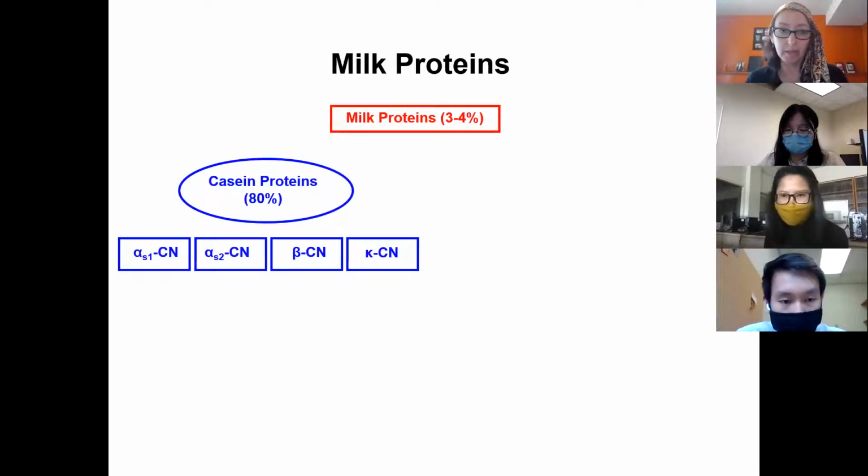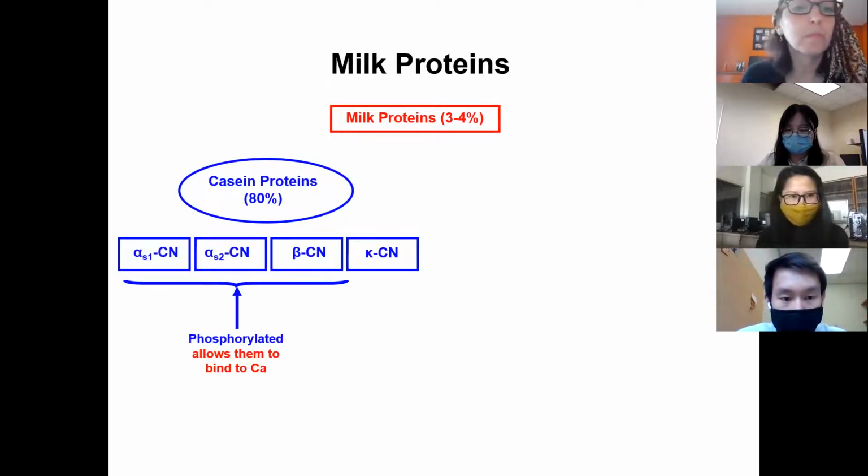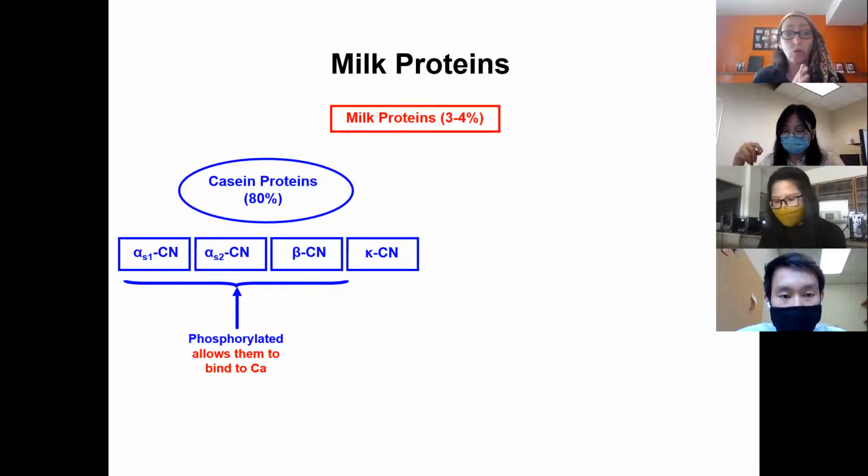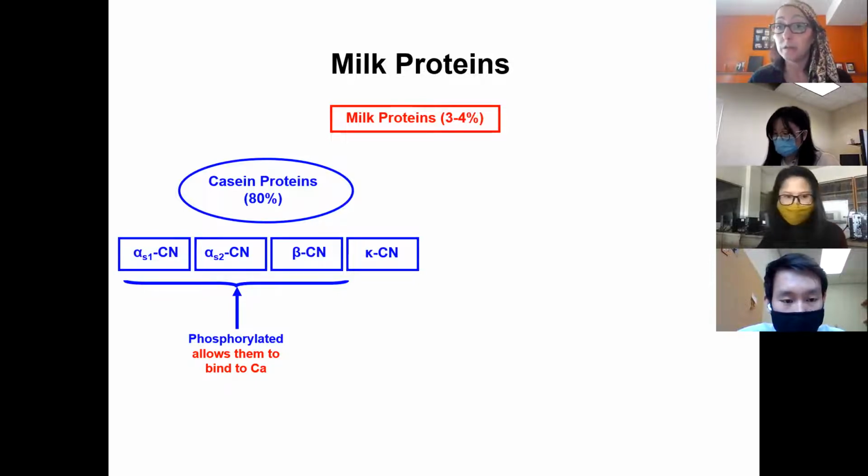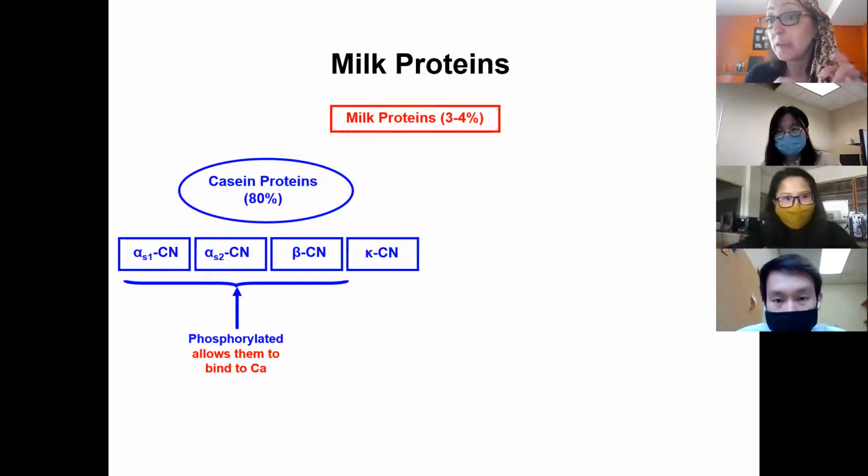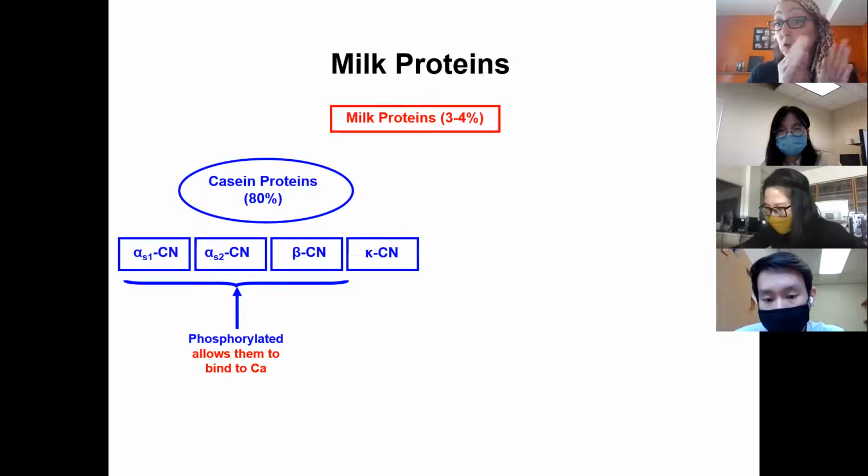So we'll talk about caseins. A very important characteristic of casein is phosphorylation. I mentioned it earlier when I was talking about the reactive groups, serine and threonine. They have these OH groups that can get conjugated by post-translational modification.